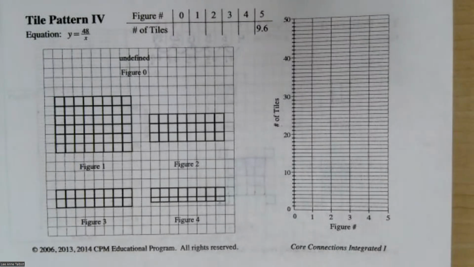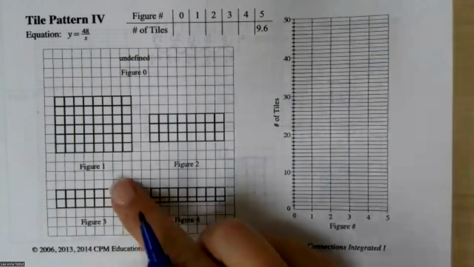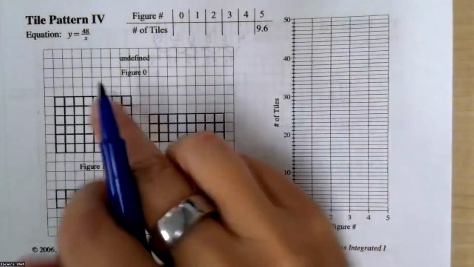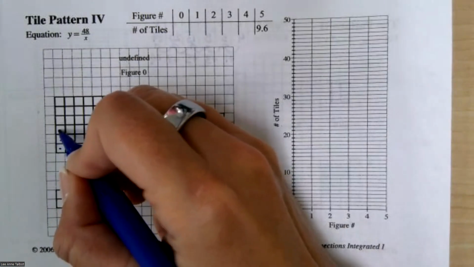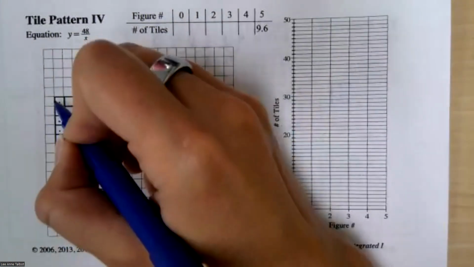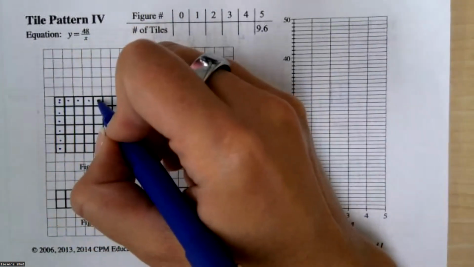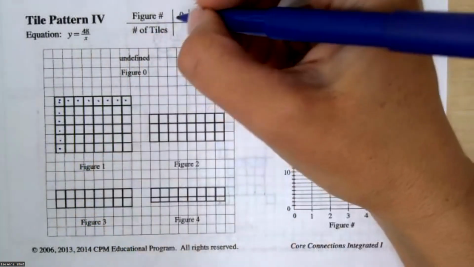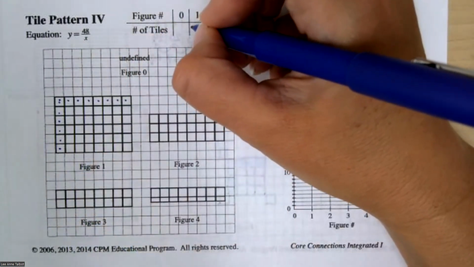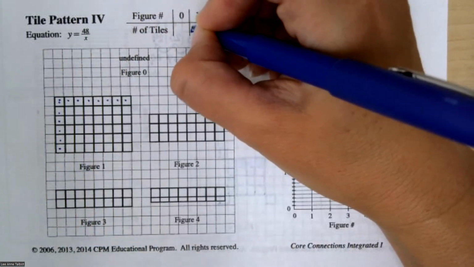So 48 divided by 1, 48 divided by 2, 48 divided by 3. But if you notice, the tiles are actually going down the amount. So if I count this one, 1, 2, 3, 4, 5, 6, 1, 2, 3, 4, 5, 6, 7, 8. Figure 1 has 48 tiles.